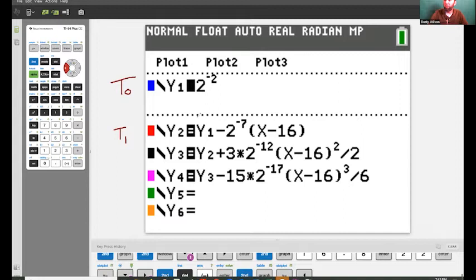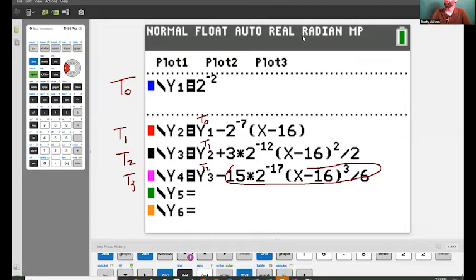So this would be T0 minus, and then I took the liberty of writing things a little bit more simply just for the sake of clarity. And then here's T2 in Y3, and notice it references T1 and then just adds on another term. And T3 references T2 and then just subtracts another term.